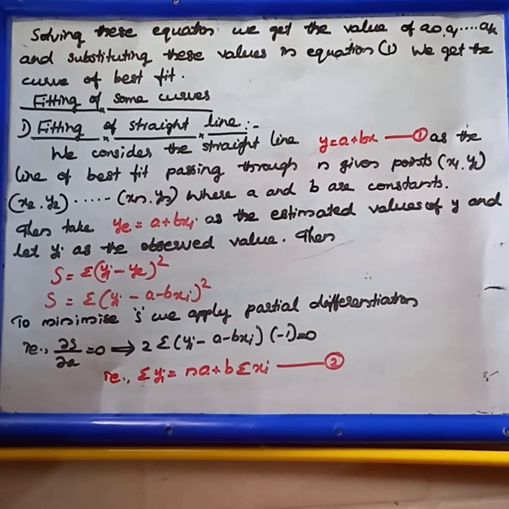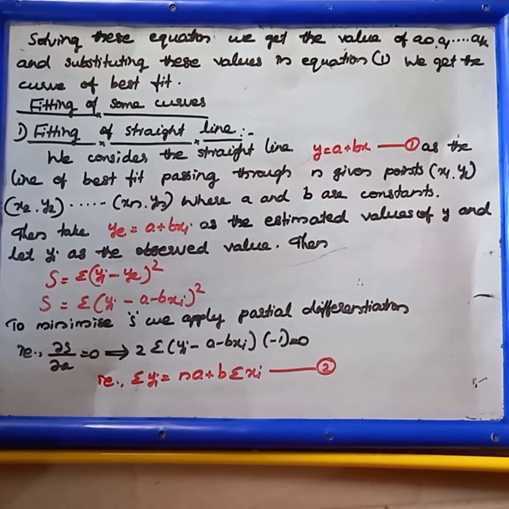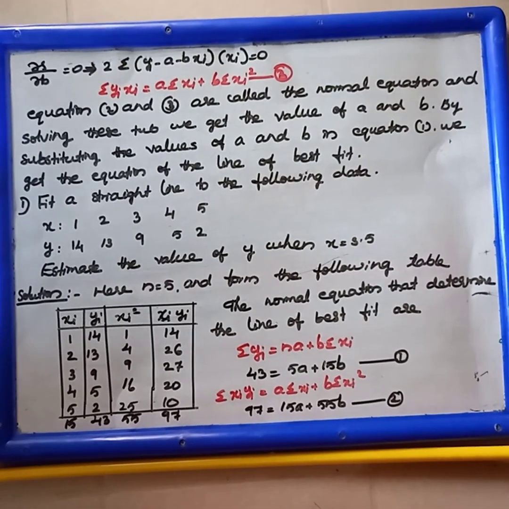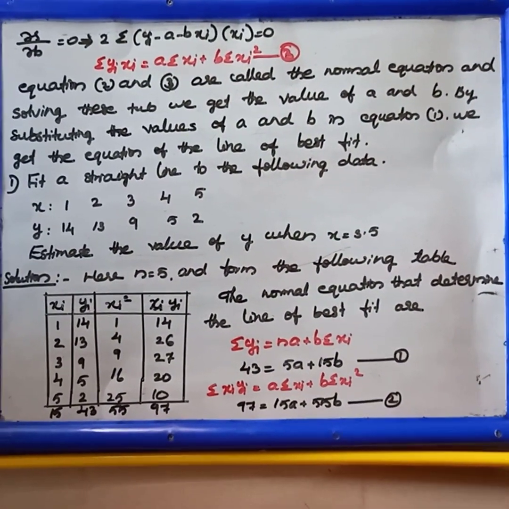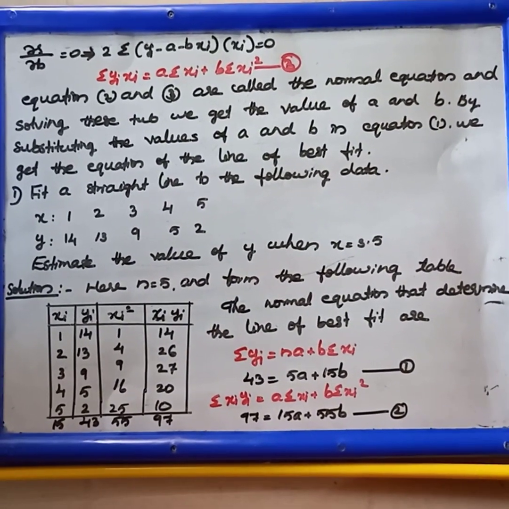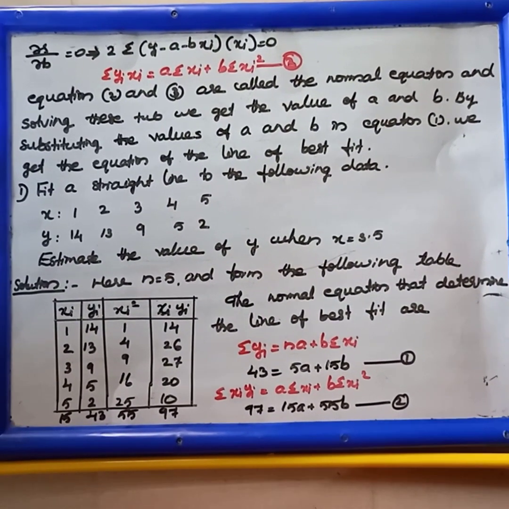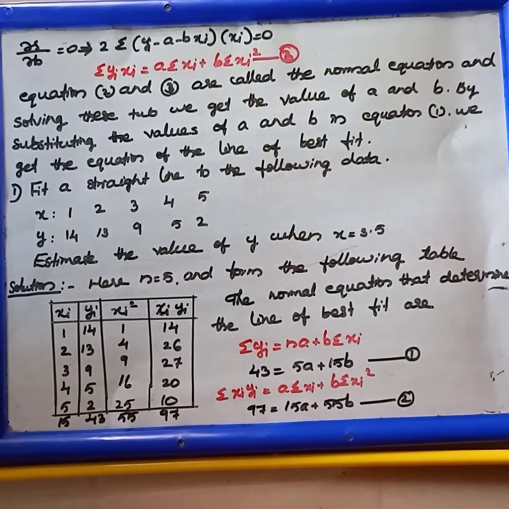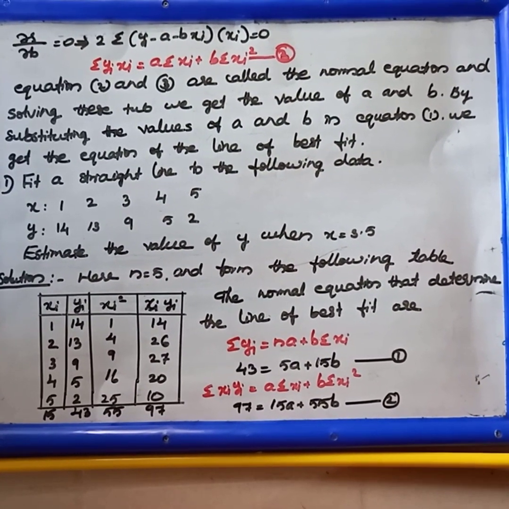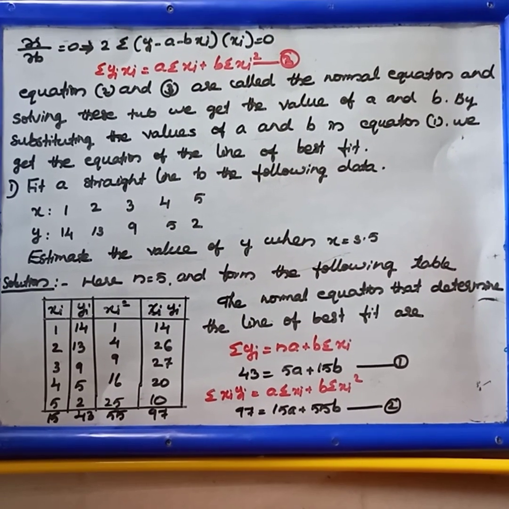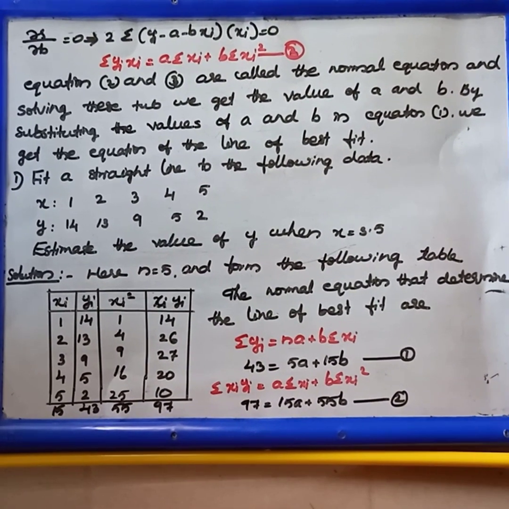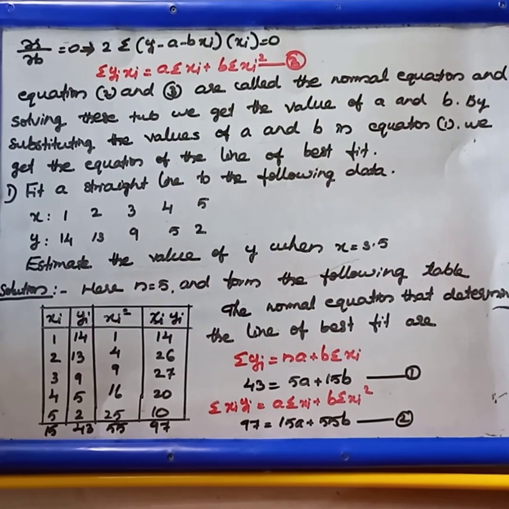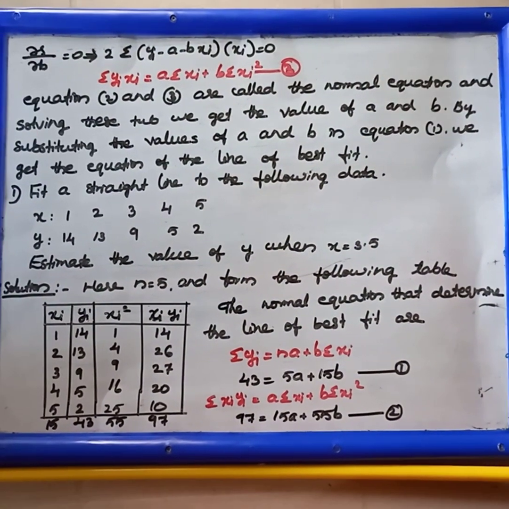We get equation number 2. Dou s by dou b is equal to 0. Differentiating with respect to b, we get 2 into summation yi minus a minus b xi into xi, which is equal to 0. That is, taking summation, summation xi yi is equal to a into summation xi plus b into summation xi square. That is equation number 3.